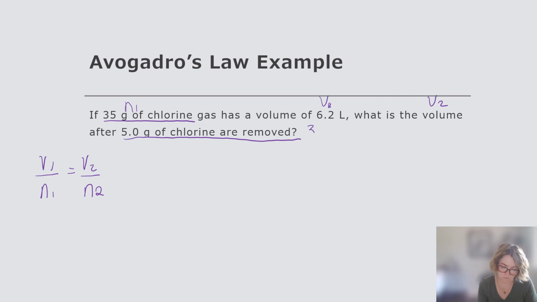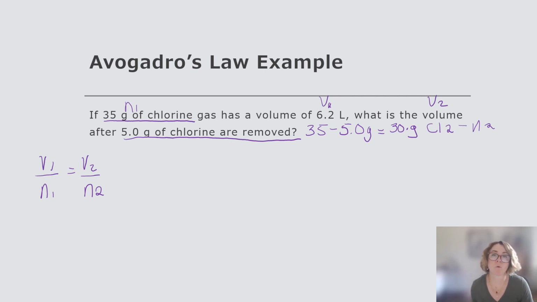So this will be 35 minus 5, which gives me 30 grams of chlorine that's left in the container. Now be very careful. Chlorine is a diatomic element, so chlorine is Cl2. And so this information right here is going to give me my second moles of chlorine gas.